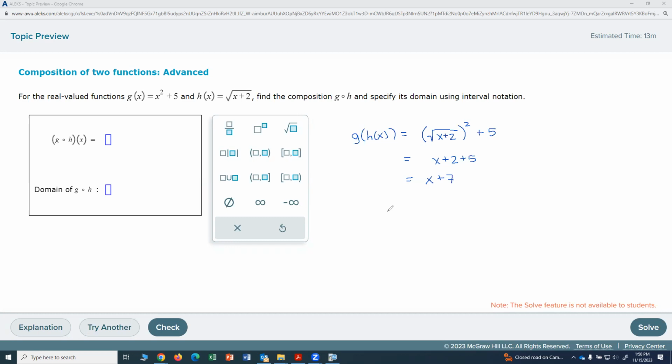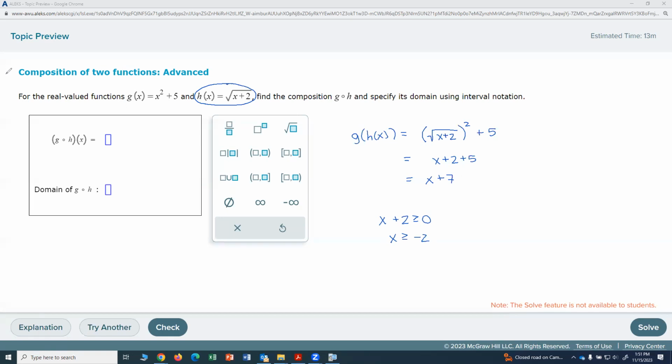However, for the domain, I'm restricted by the domain of my original inner function. My inner function, h of x, had a domain of x plus 2 greater than or equal to 0, because I can't take the square root of a negative. So x is greater than or equal to negative 2.